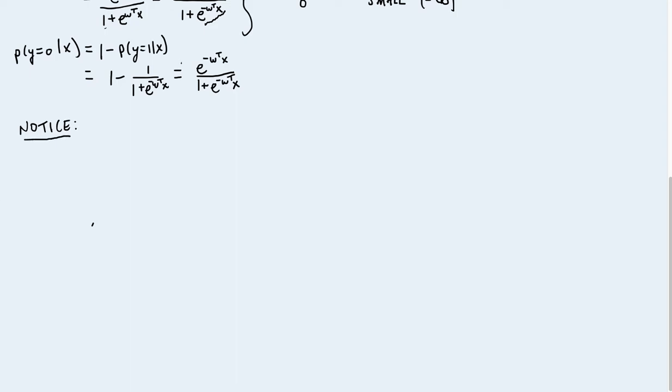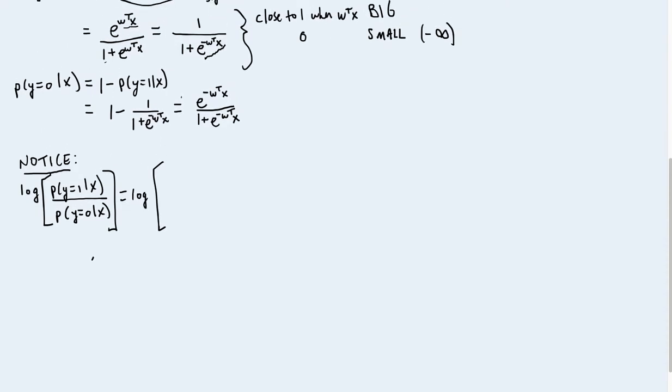If we take the log, this is a little bit of a detour, but it's kind of cool. If we take the log of the probability that y equals 1 given x over the probability that y equals 0 given x, we're going to get something interesting. So let's just write this out a little bit more. So log of, and I'll fill in our form from above.